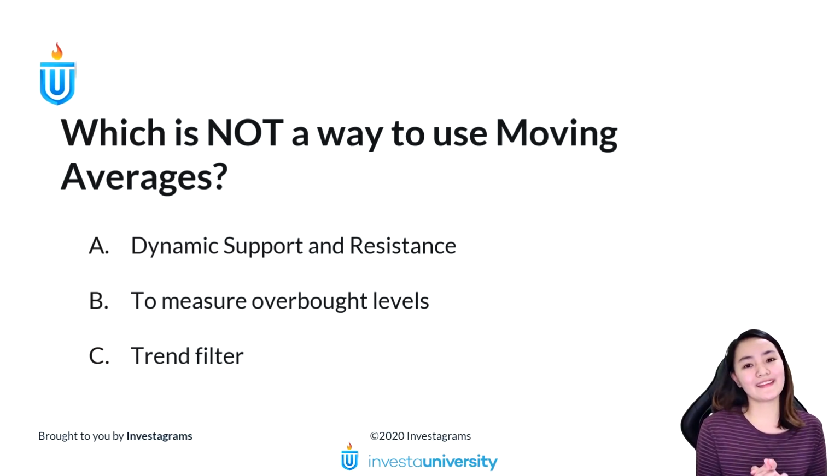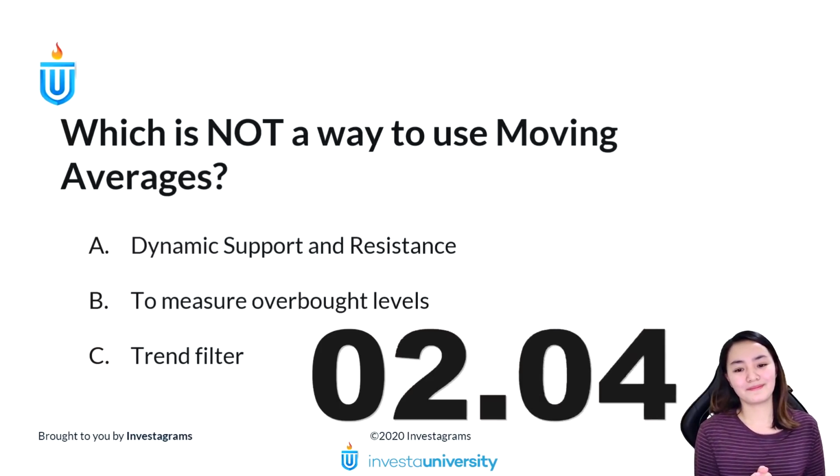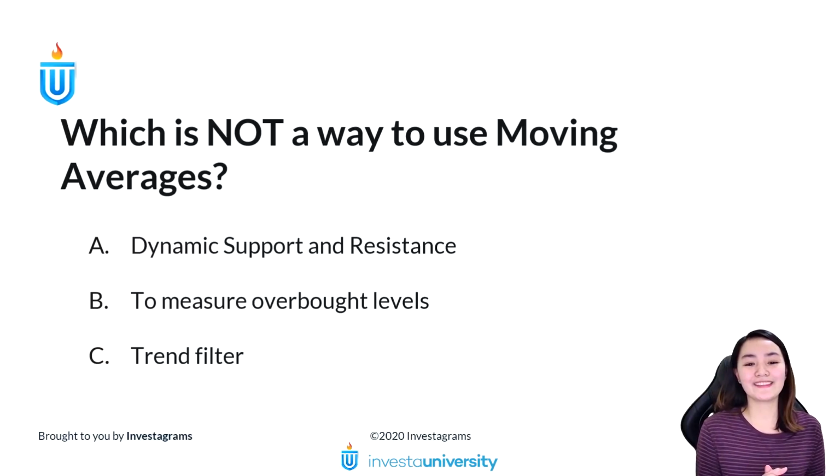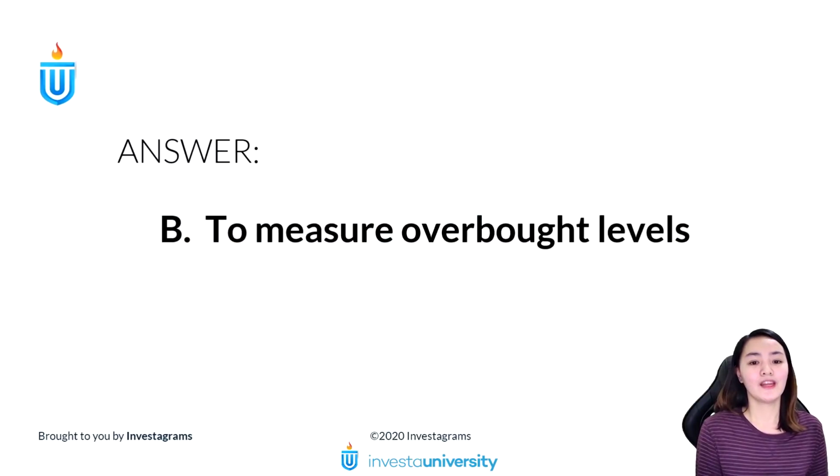You have 5 seconds to answer this question. Which is not a way to use moving averages? 1, 2, 3, 4, 5. Alright, so time's up. And the answer to this question is letter B, to measure overbought levels.